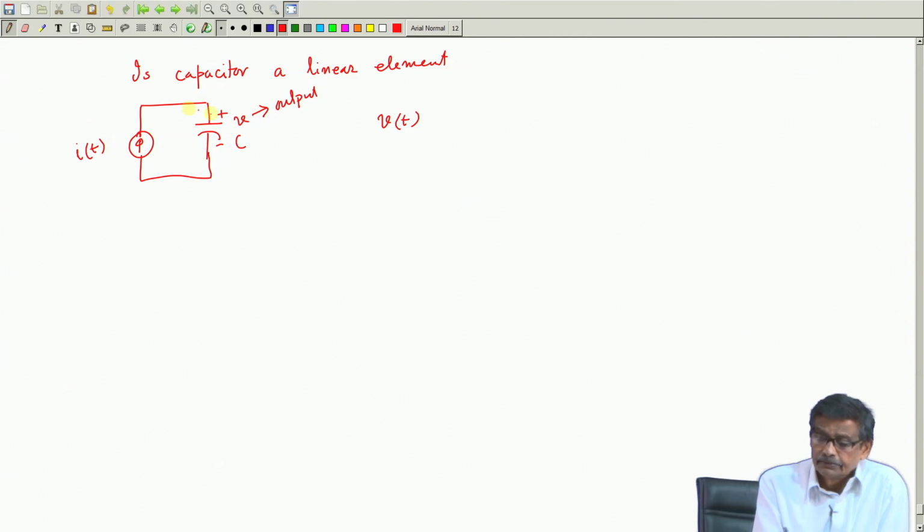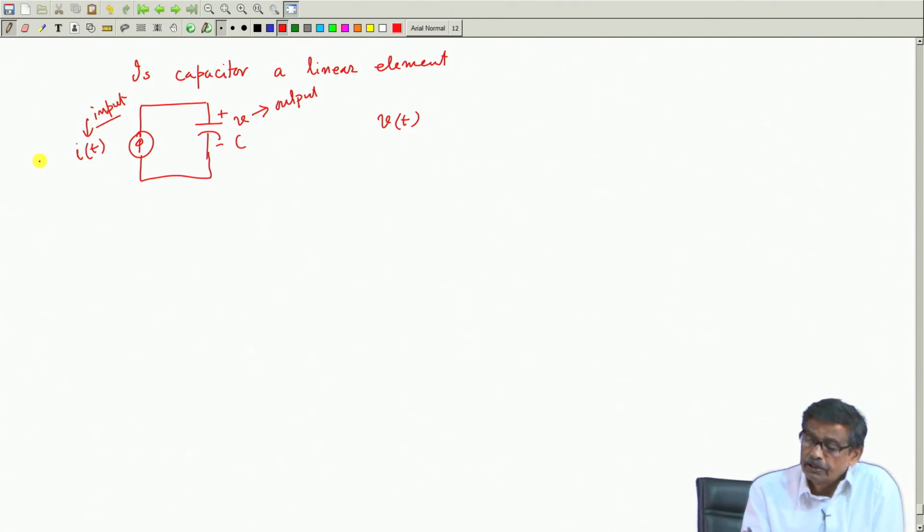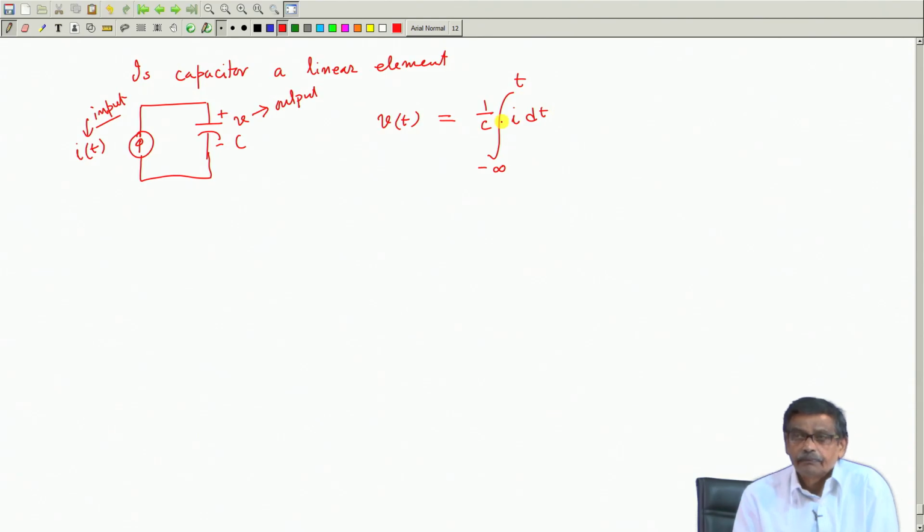This current which you are injecting into the capacitor plate is the input. Suppose we think in that way, this is my input. So, the voltage across the plate of the capacitor we have seen is equal to the integral from minus infinity to t of I dt.